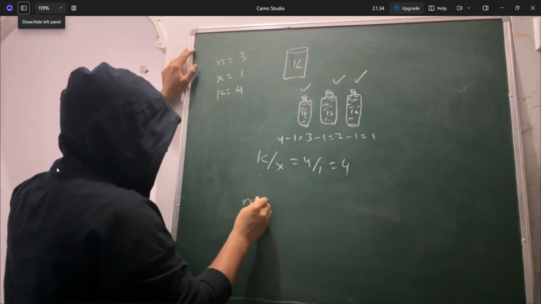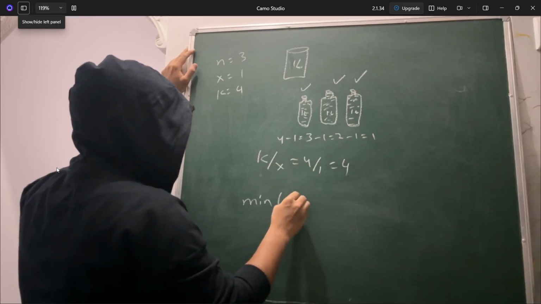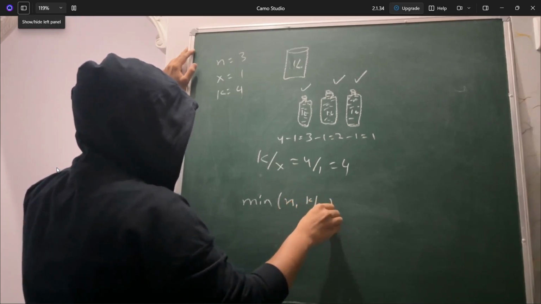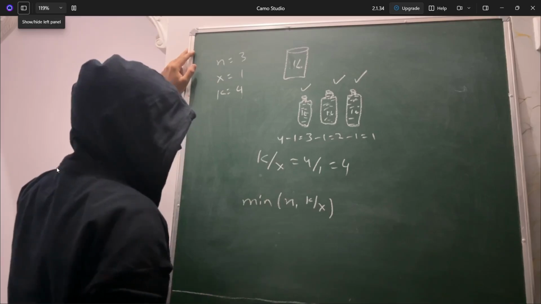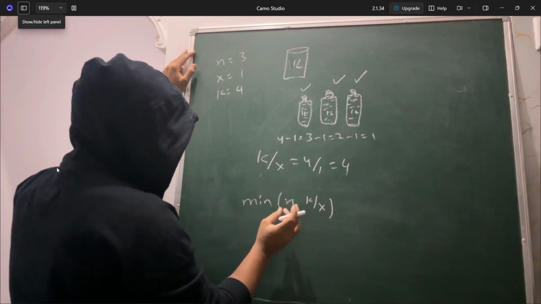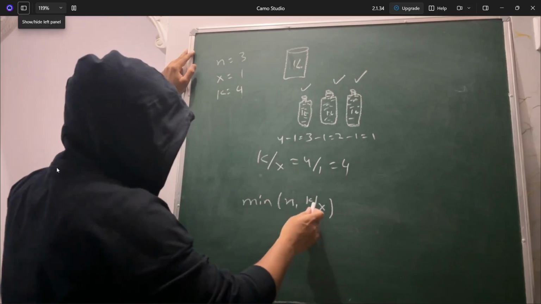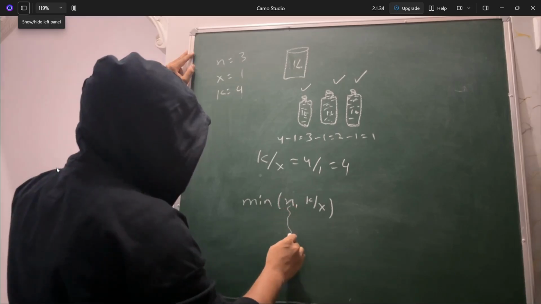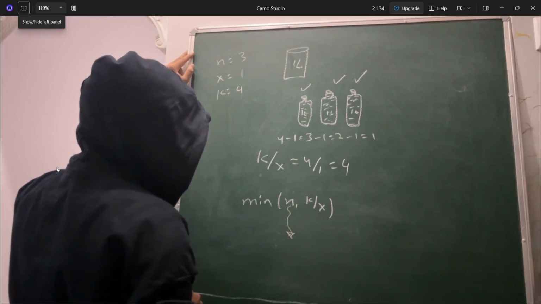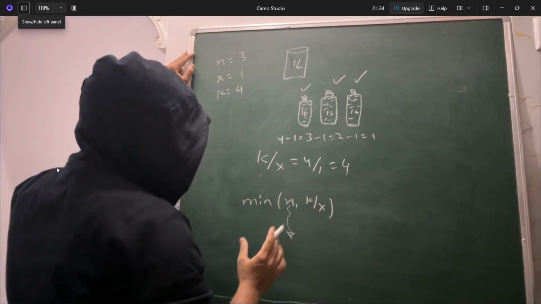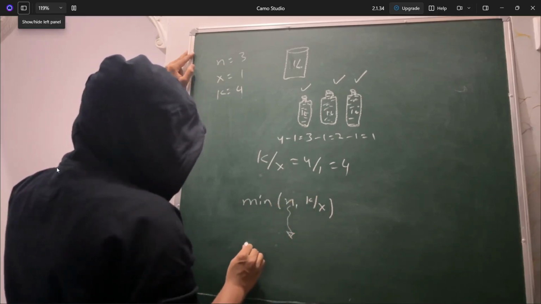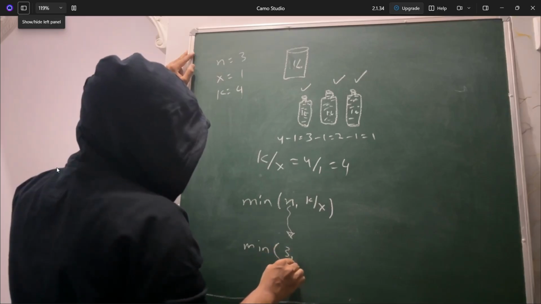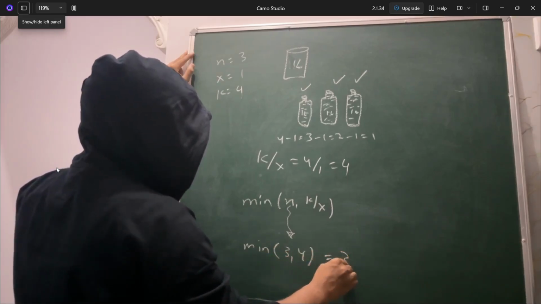You will have to take the minimum of n comma k by x. Why the minimum of n comma k by x? Like in this case, k by x is giving us a larger answer, but the number of water bottles we have is less than that, so you'll have to consider the minimum of these two. So if you take the minimum of these two, n is 3, k by x is 4, this will give you the answer 3.